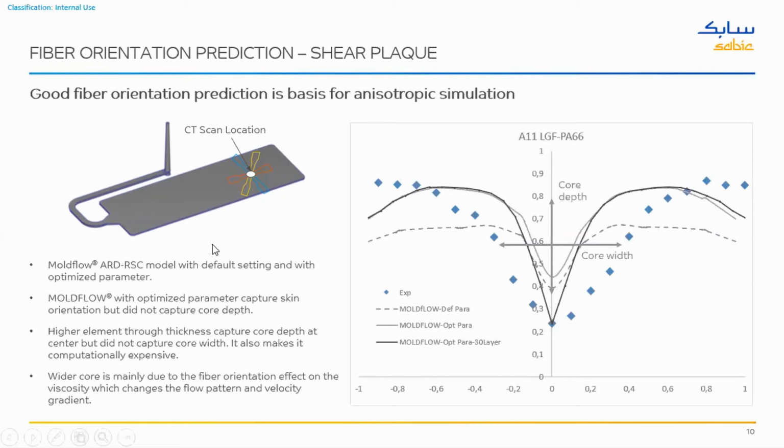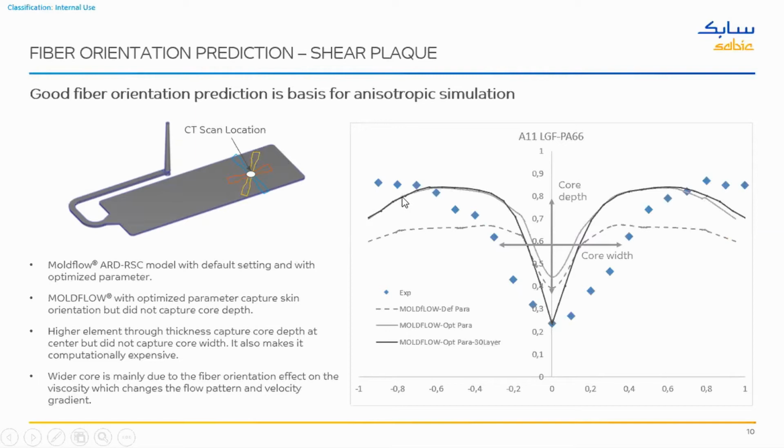For the simulation, we used the ARD-RSC model, which is also recommended by Moldflow for long glass fiber material systems. When we started with the ARD-RSC model with the default settings, as you can see with the dotted line, it showed more random fibers in the skin, which is a bit different compared to the experimental results.